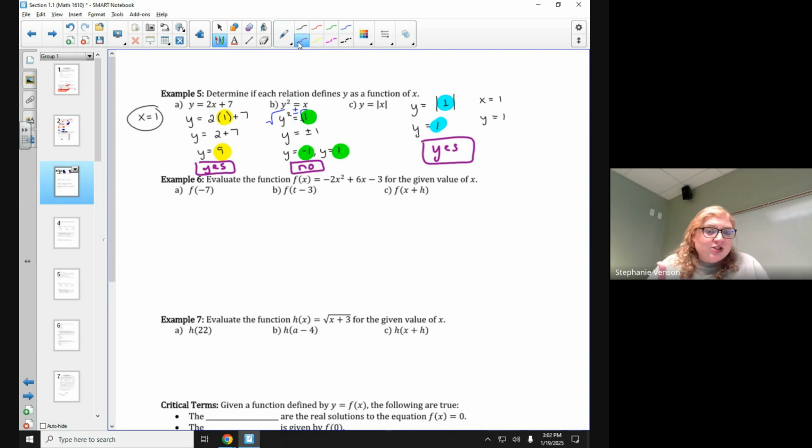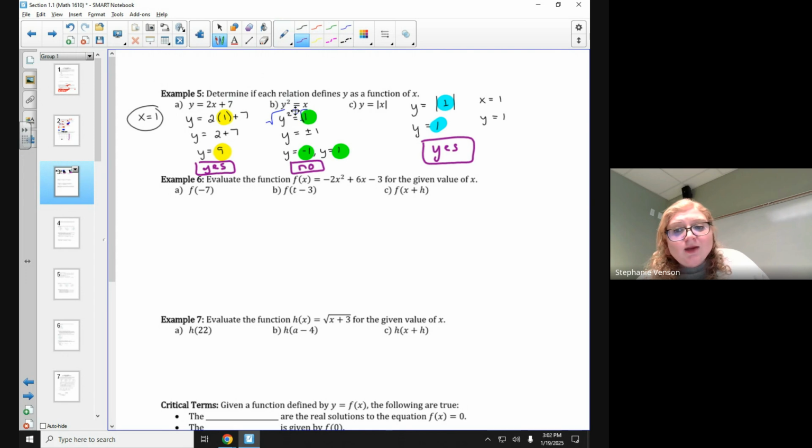But I can give you some hints too. y should always have a power of 1. Do you see this y here in y equals 2x plus 7 has a power of 1? This y here in y equals the absolute value of x has a power of 1. y should always have a power of 1, or at least an odd power.